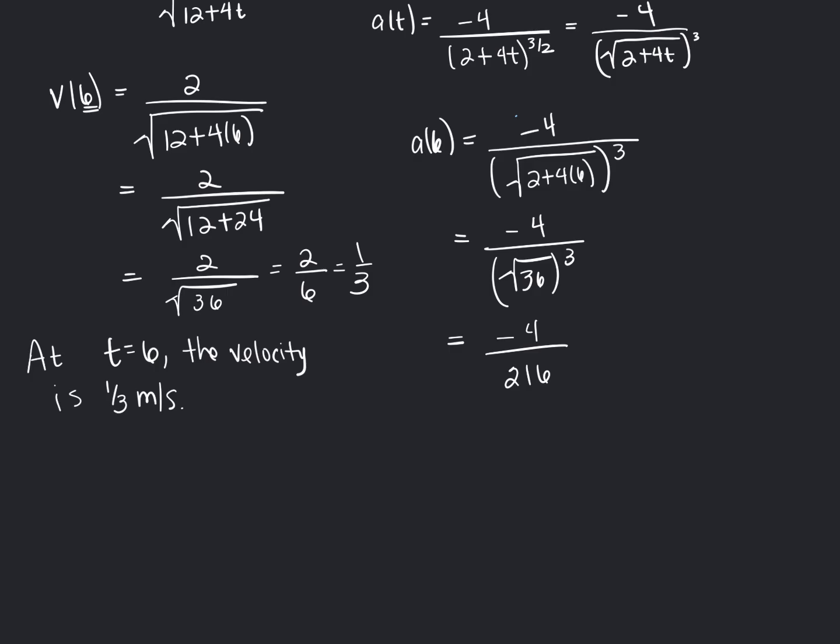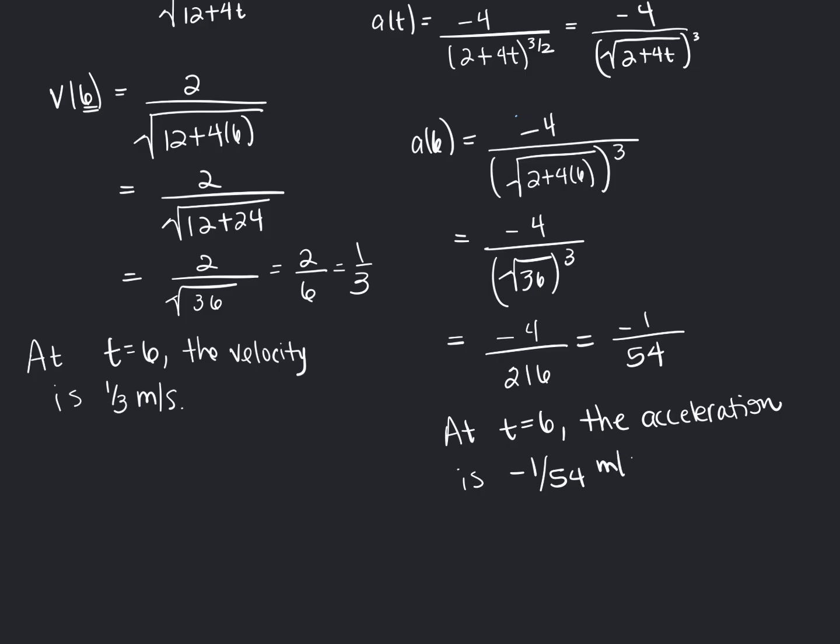If I divide both of these by 4, I'm going to get -1 over 54. So at t equals 6, the acceleration is -1 over 54 meters per second squared.